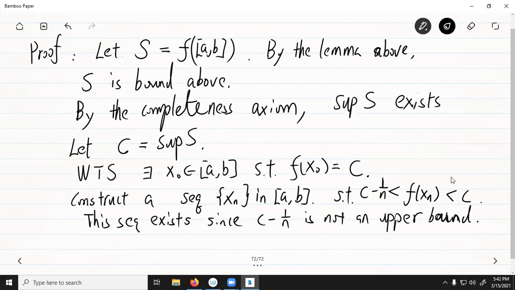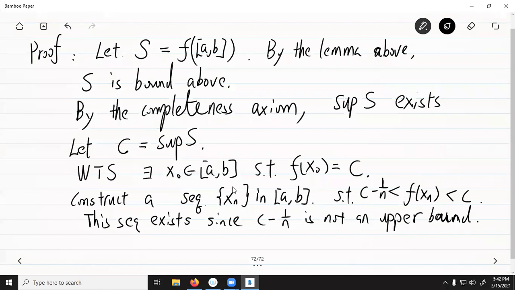Okay, so now let's continue. So we have a sequence. Again, we have the same situation as we proved in our lemma. We have a sequence in a closed interval, and this sequence satisfies these inequalities. Then since this interval is sequentially compact, you must have a convergent subsequence of this sequence.